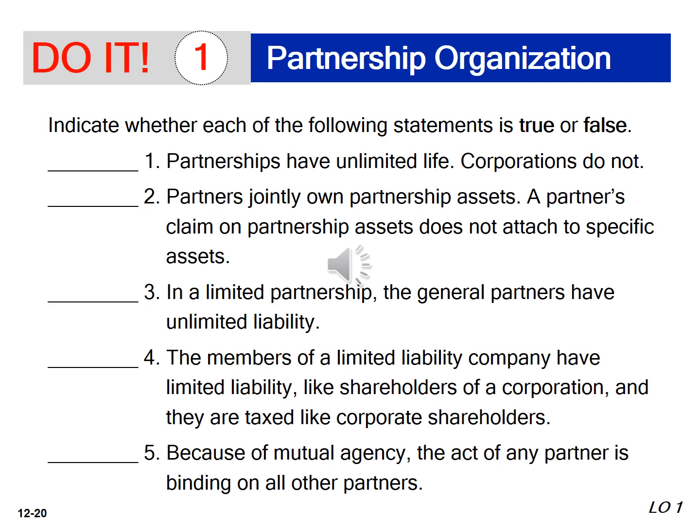Number 3, in a limited partnership, the general partners have unlimited liability. This is also true. Number 4, the members of a limited liability company have limited liability, like shareholders of a corporation, and they are taxed like corporate shareholders. And of course, this is false. Finally, number 5, because of mutual agency, the act of any partner is binding on all other partners. And from what we've learned so far, this is true.